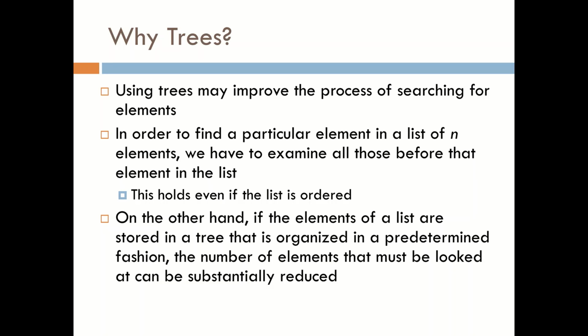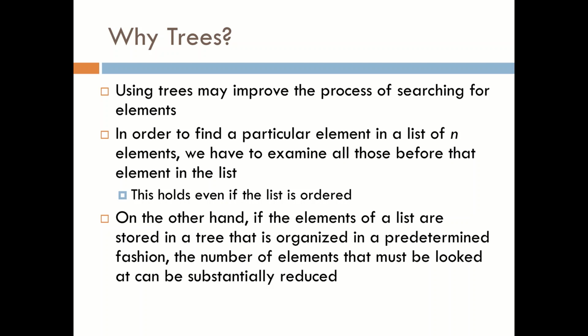Now you'll remember that we previously asked ourselves, why would we use trees? And so it turns out that one of the main uses of trees, besides representing information that's hierarchical in nature, is to store information in a way that we can find it without having to go through all of the items in a particular list.